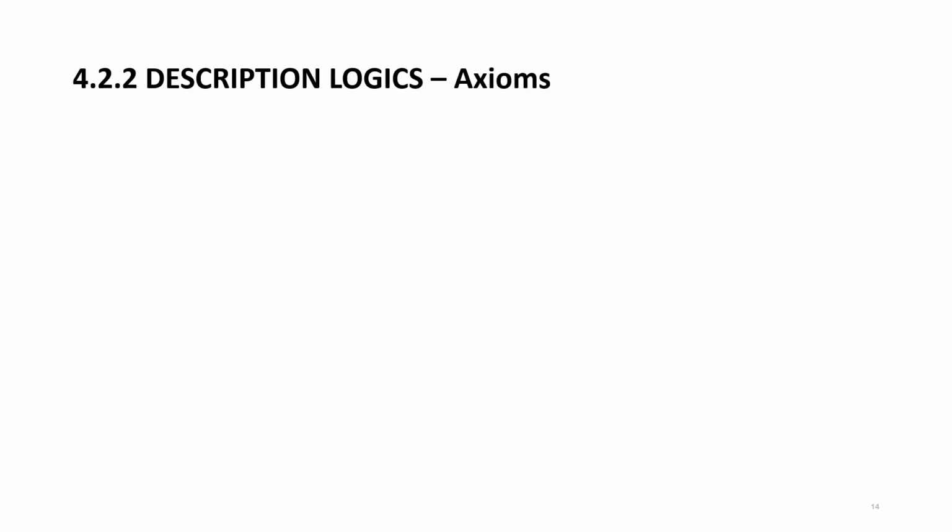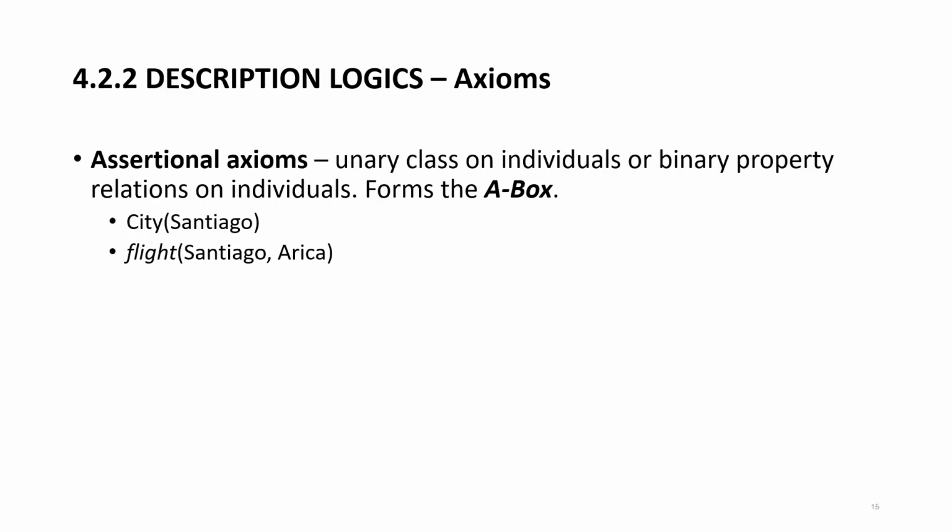DLs are also composed of axioms. We have the assertional axioms. These are unary class assertions on individuals or binary property relations on individuals. We call the assertional axioms the A-box. An example of a unary class on individuals could be City(Santiago), or a binary property on individuals could be flight(Santiago, Arica).